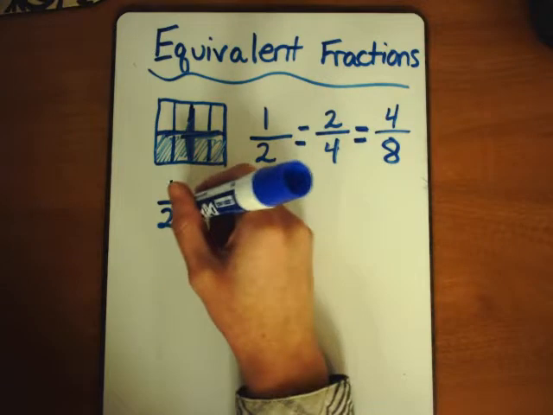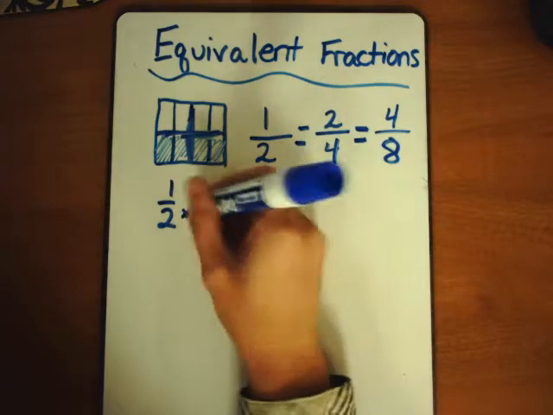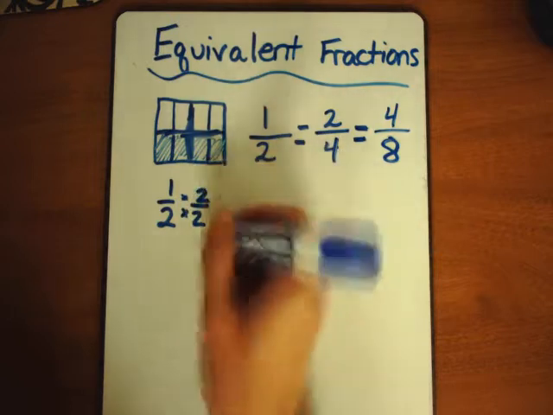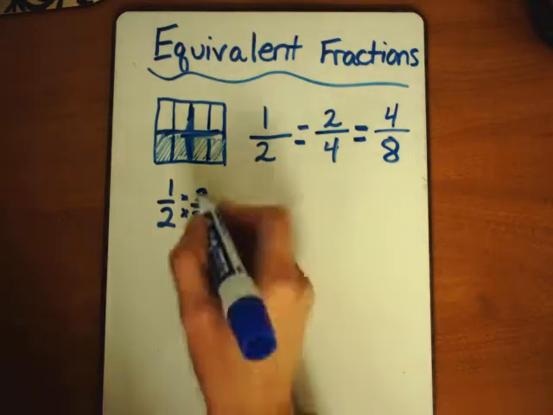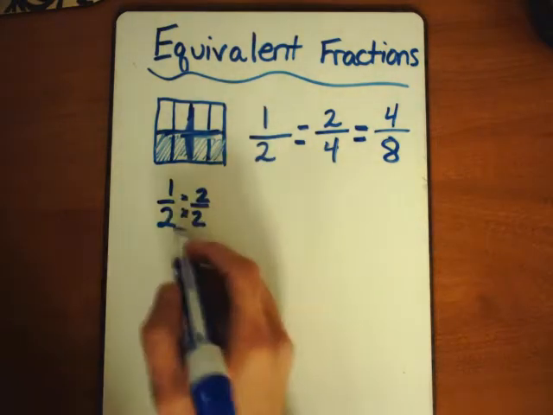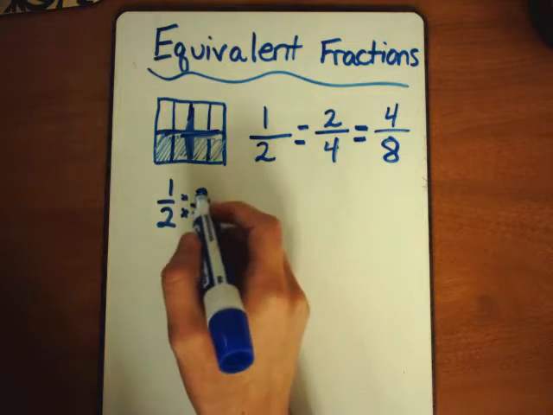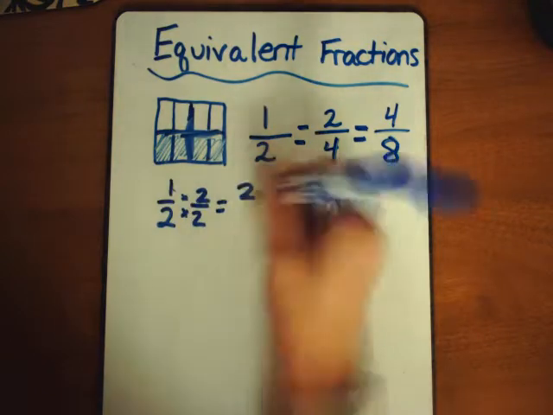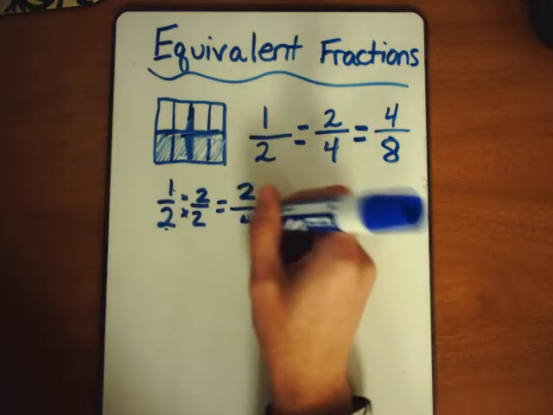So I multiplied by 2, and I multiplied the top by 2, right? My numerator, I doubled the amount of pieces. So I did really 1/2 times the numerator twice, the denominator twice to get 1 times 2 is 2, and 2 times 2 is 4.